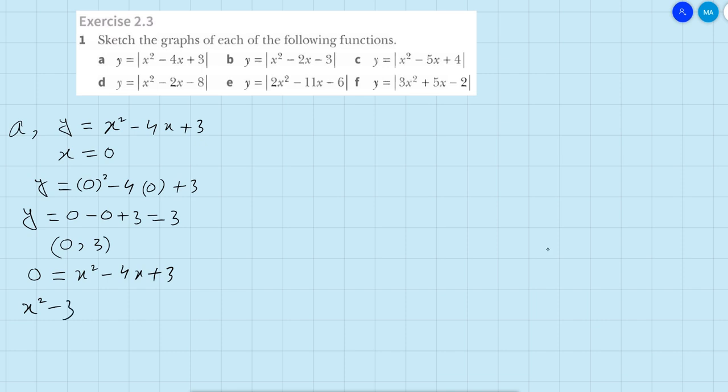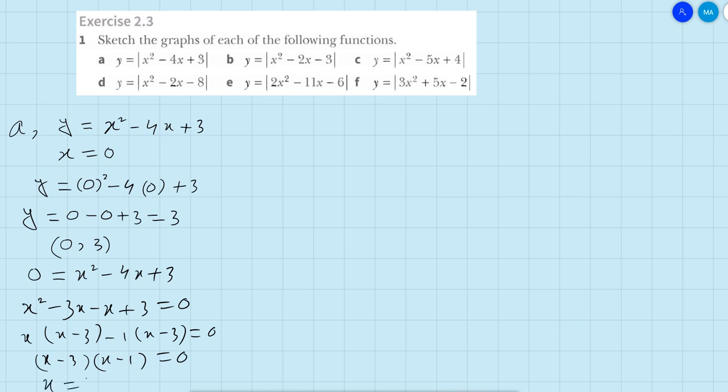So x square minus 3x minus 1x plus 3 equals 0. This implies taking x common, x minus 3, minus 1 common, x minus 3, equals 0. So x minus 3, x minus 1 equals 0. This implies that x equals 3 and x equals 1.